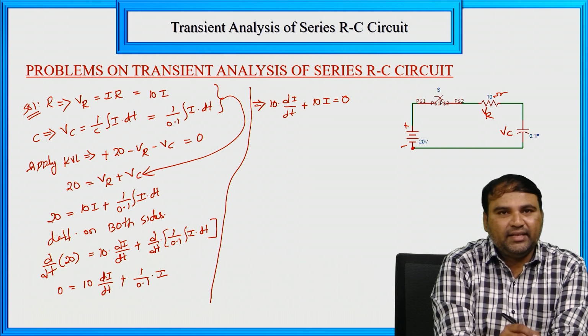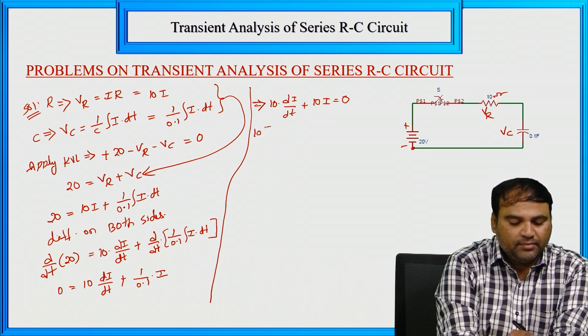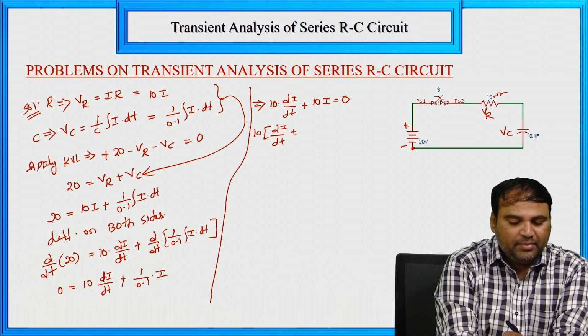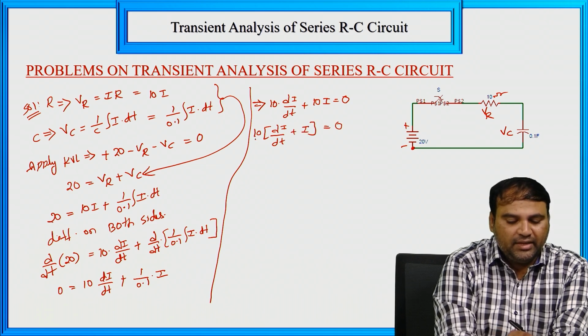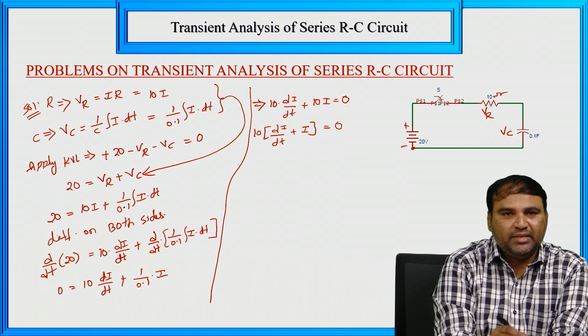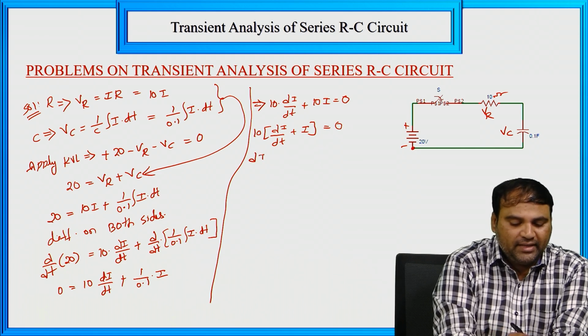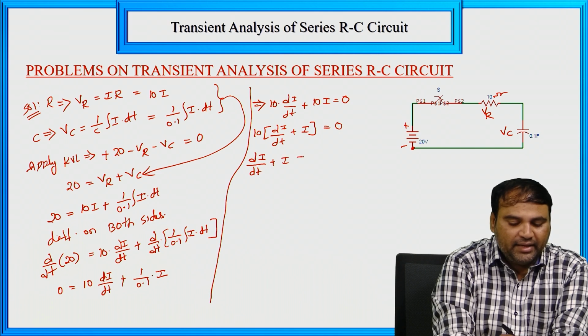Now take 10 as a common term: 10 into di by dt plus I equal to 0. Now 10 goes to the other side, and 10 into 0 is 0. So we get the equation di by dt plus I equal to 0.